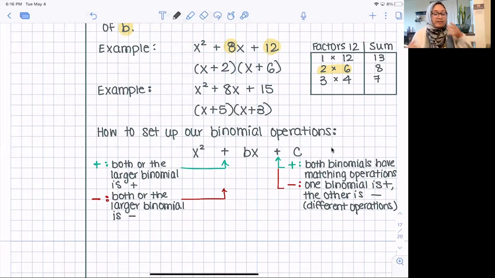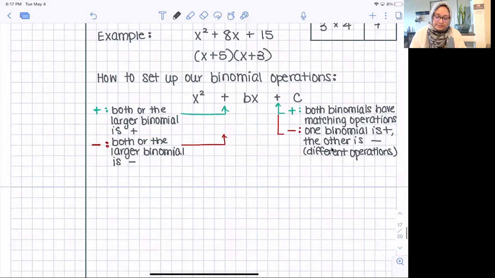Okay, so what do I mean by that? If we know that both binomials are the same, then they're both going to be subtraction if this is a subtraction sign. Or if we know that our binomials are different, then the binomial with the bigger number is going to be a subtraction binomial, which means the other one's addition. So let's put this into practice because that was kind of weird.